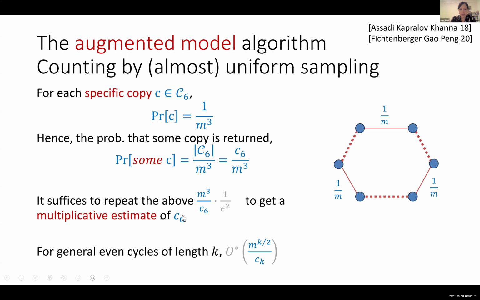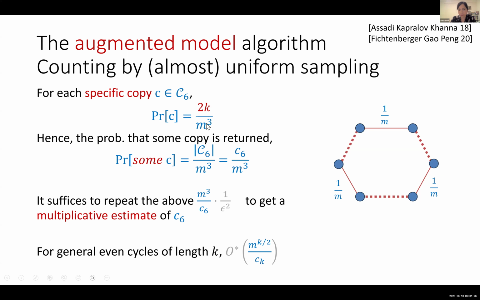Therefore, for general even cycles of length k, the number of queries that are sufficient in the augmented model is m to the power of k over 2 over the number of copies. Please note that a copy may be returned with probability which is slightly greater than 1 over m cubed.